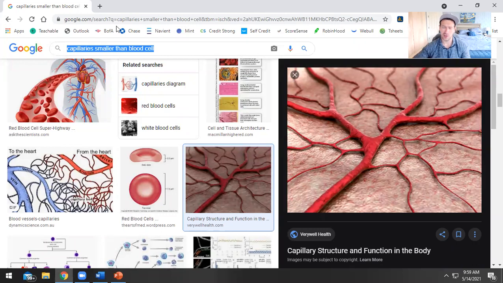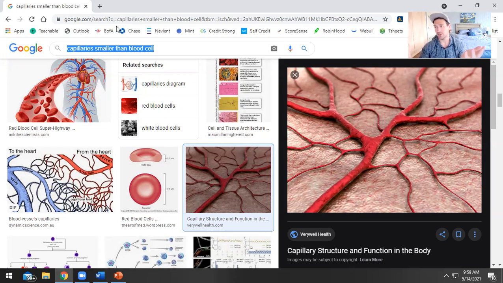And by the way, there's always a homework question that a lot of people tend to struggle with, which is: which of the following blood vessels has the thinnest walls? That question seems tricky because you think, I don't know which one has the thinnest walls. But if you think about the fact that capillaries are microscopic as it is, the tube is smaller.